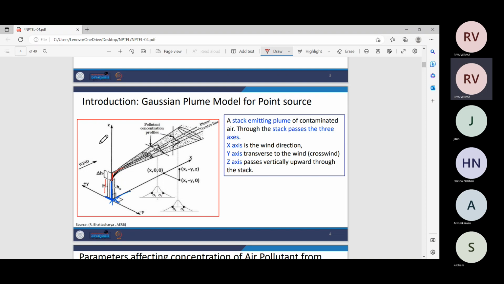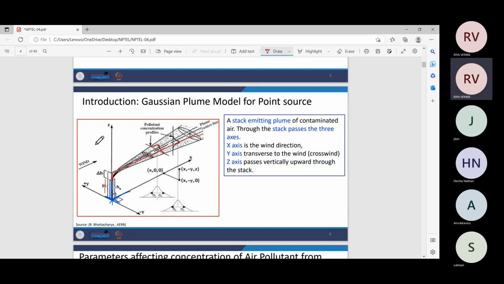So this dispersion of the plume is assumed to be as per the Gaussian dispersion. This is the pollution concentration profile. That is, the maximum concentration of pollution is assumed to be at the center line of the plume. This dotted line is your plume center line, and this follows a Gaussian dispersion pattern.